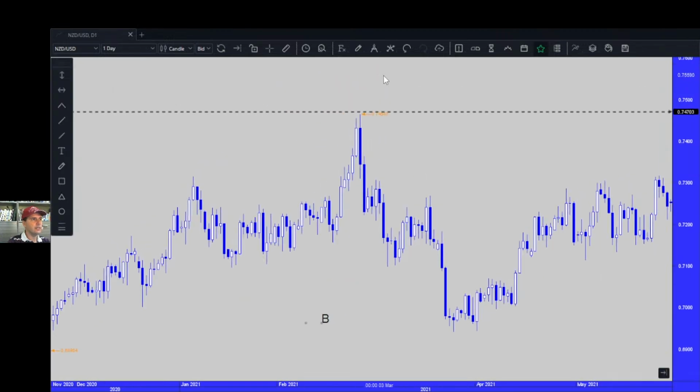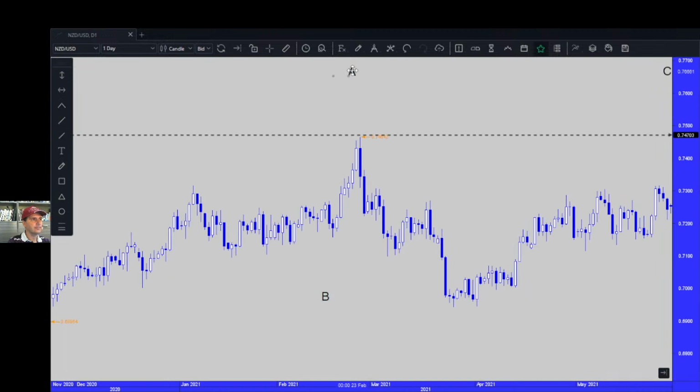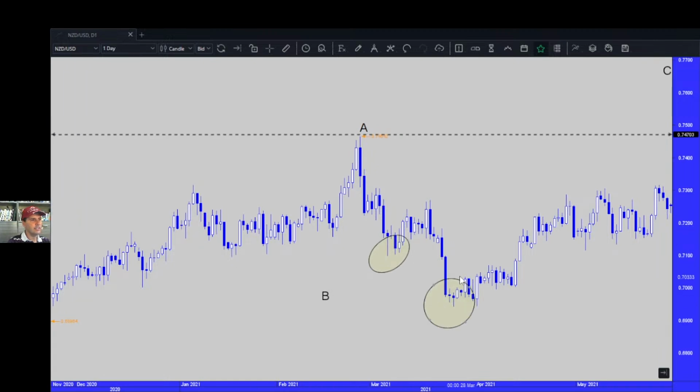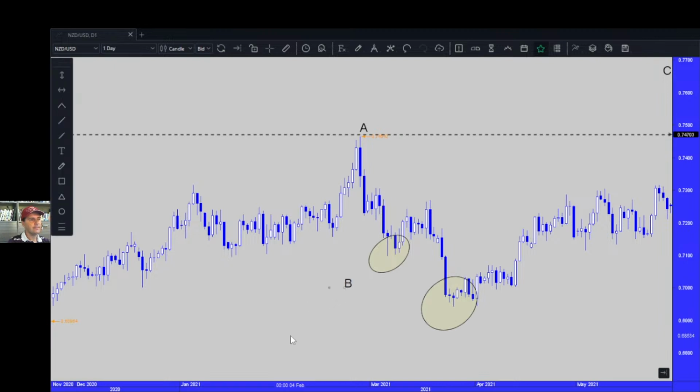Which one is our B? Is the first circle our B, or is the second circle our B? Nah, I'm not going to trick you, right? Is the first circle our B, is the second circle our B, or is the third?